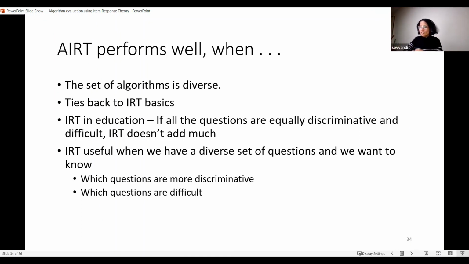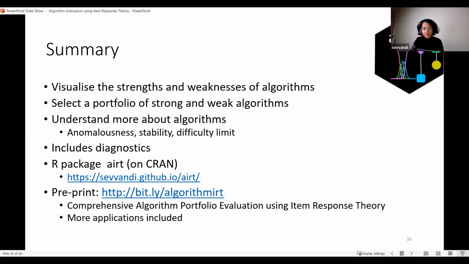But when you've got heaps of questions, some of them discriminate, some of them are super hard, and some don't discriminate at all, then IRT can add a lot. It's the same for algorithm evaluation. If you have a really diverse set of algorithms, then AIRT performs well.